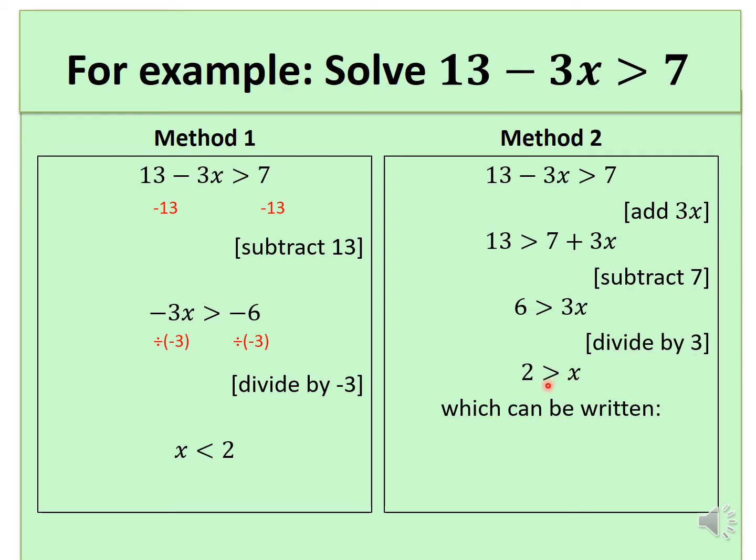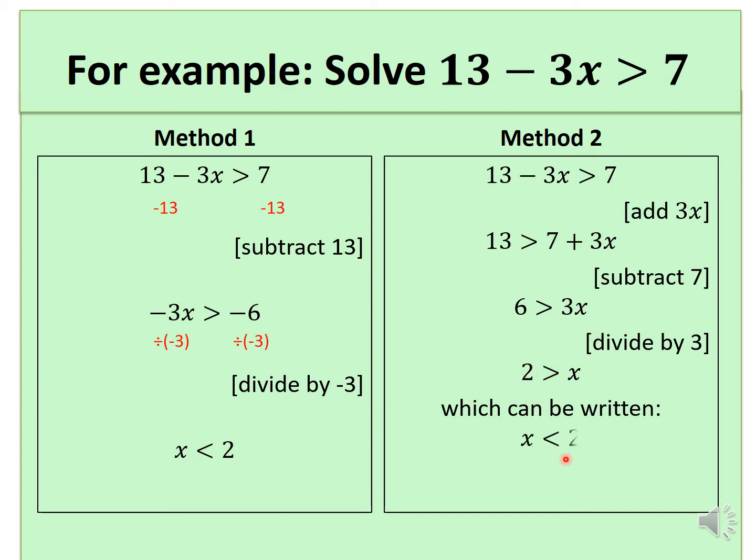And if you notice, this answer here is exactly the same as that answer, because you read this answer as x less than 2. And in this inequality, you can see x is still less than 2. 2 is greater than x. And here 2 is greater than x. It's just a different way of writing it.